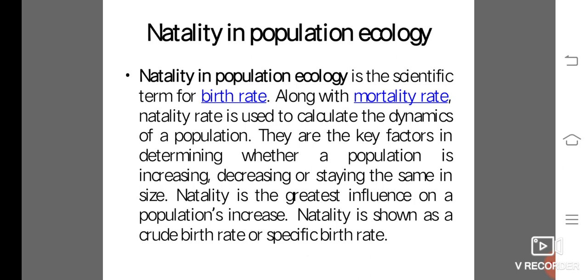Natality is the greatest influence on a population's increase. Natality is shown as a crude birth rate or specific birth rate.